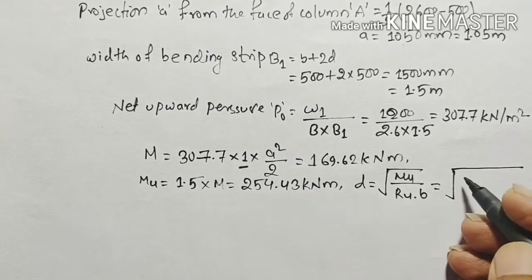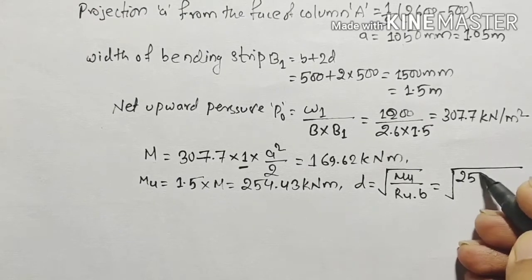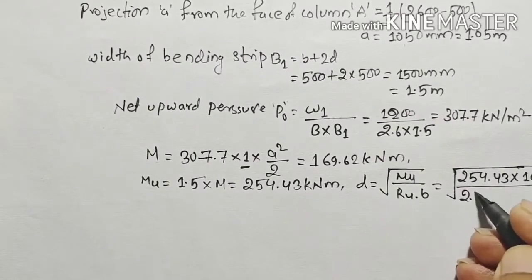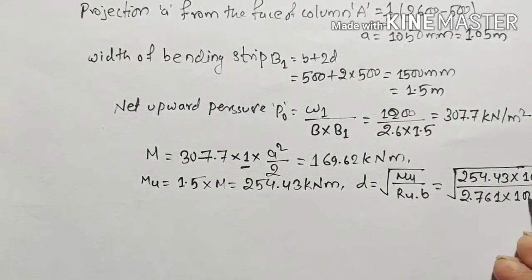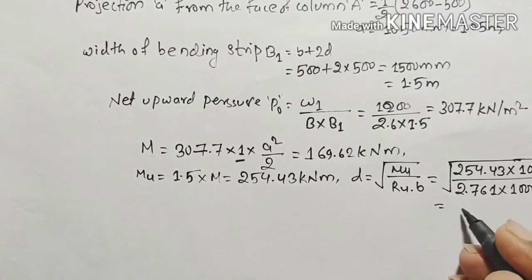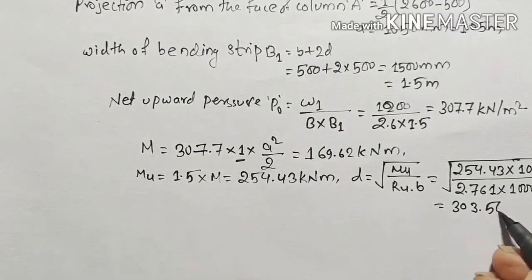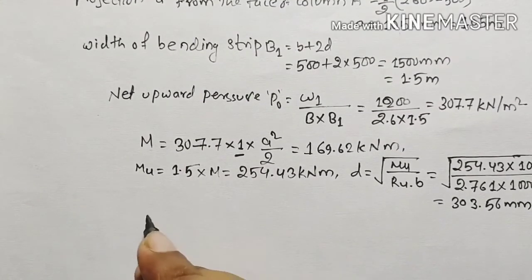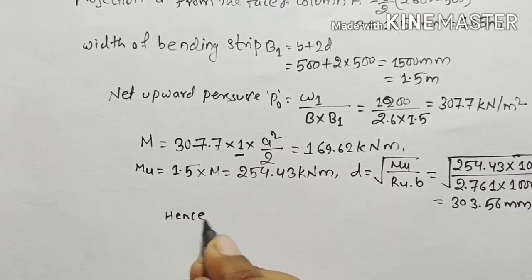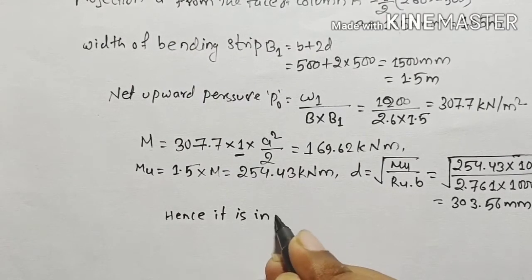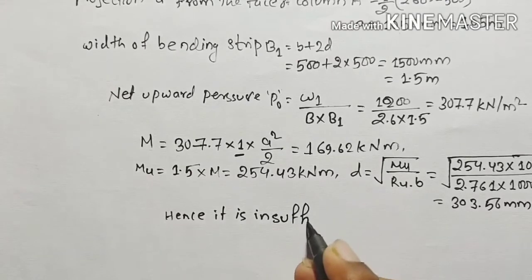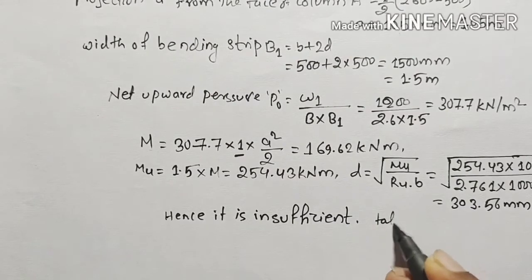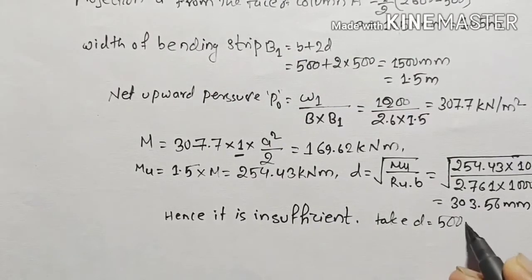So Mu is 254.43 into 10 to the power 6, divided by Ru, that is 2.761, into B, 1000. We get D equals 303.56 millimeter, which is less than our D of 500 millimeter, so we can write, hence it is insufficient. So take D equals 500 millimeter.